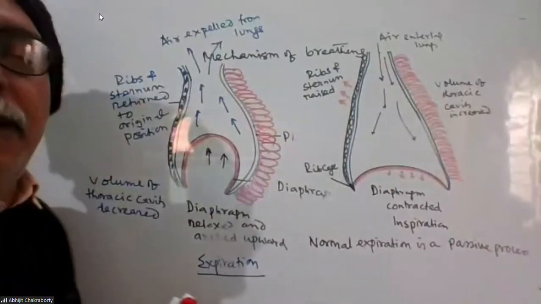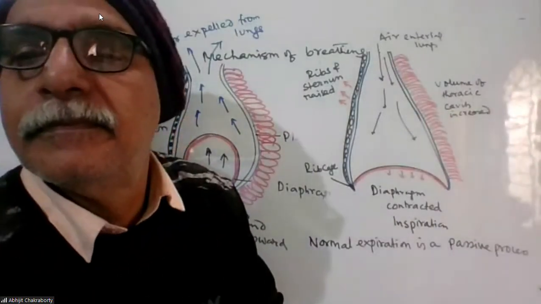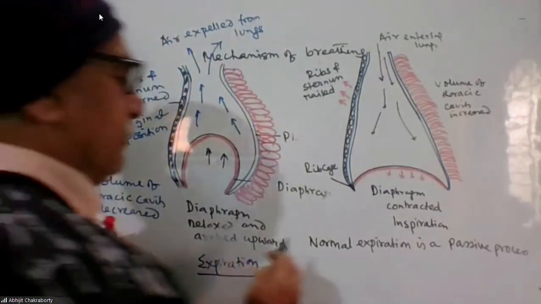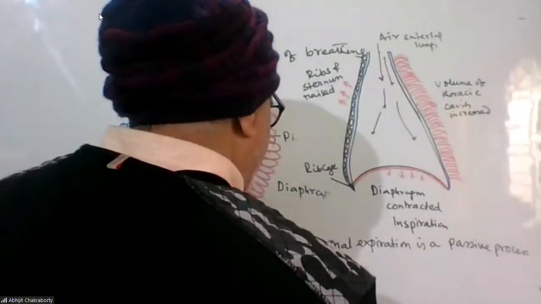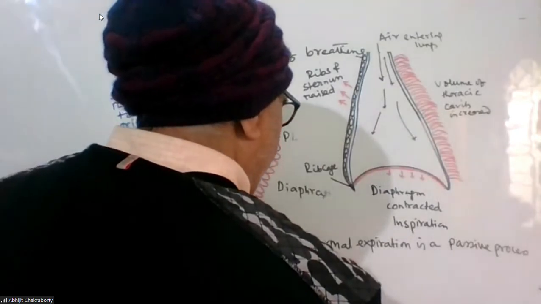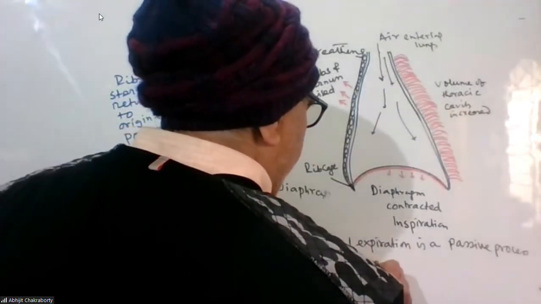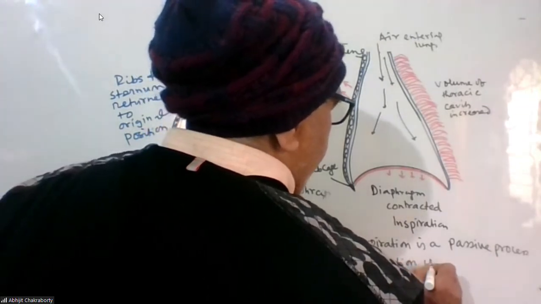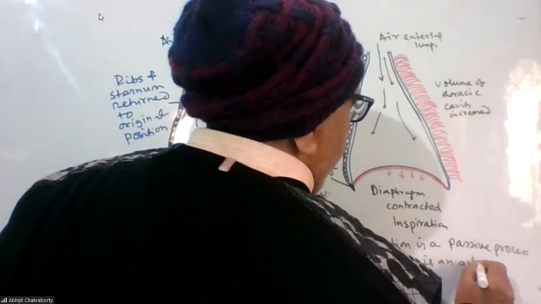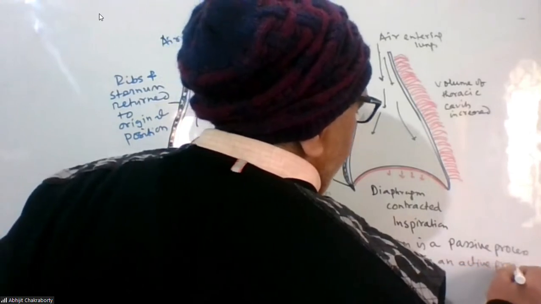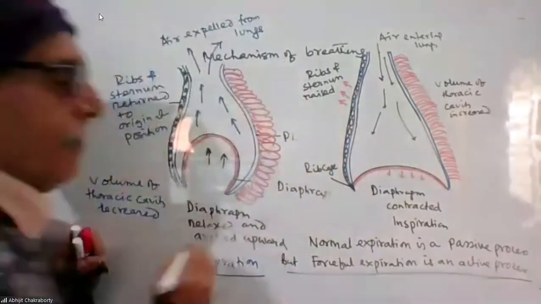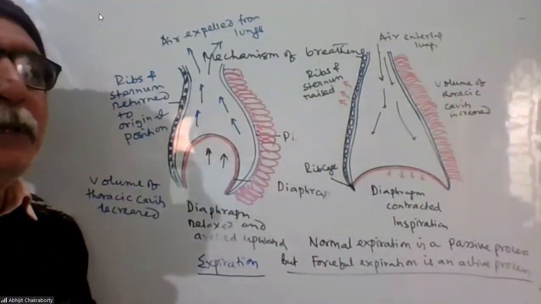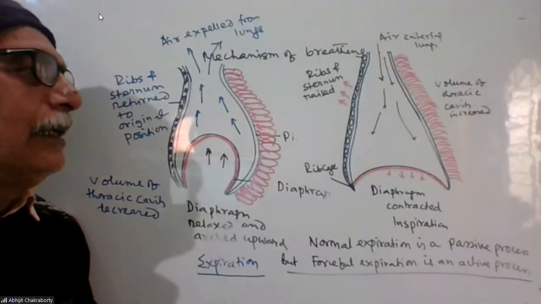Normal expiration is a passive process, but forceful expiration is always an active process.